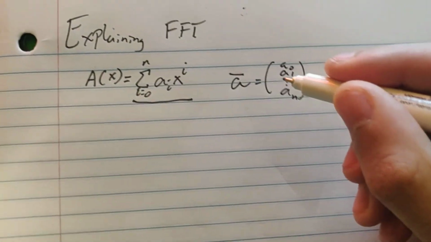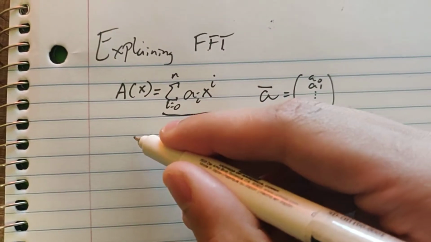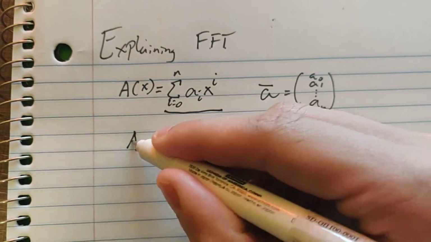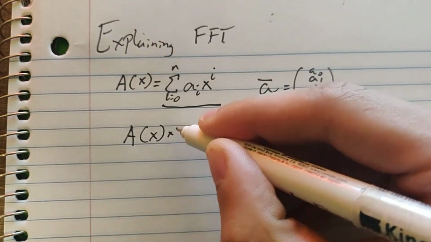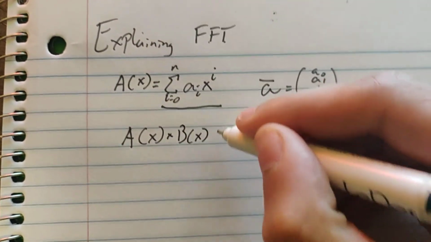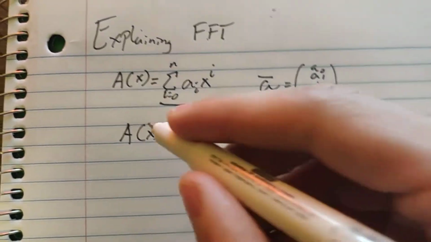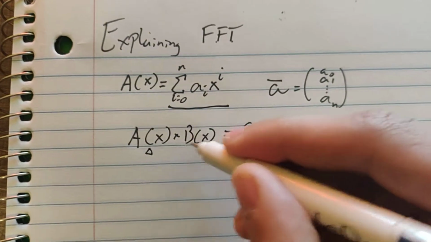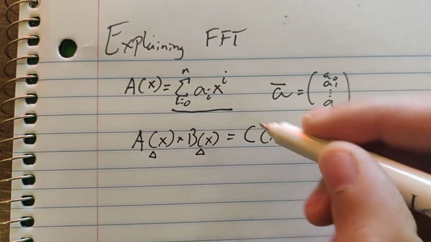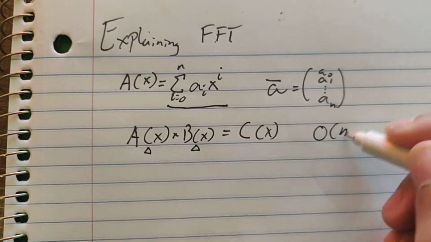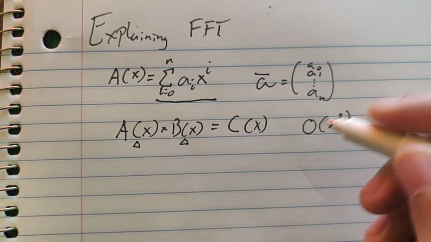Whenever you want to compute the product of two polynomials, like A(x) times B(x), if each of these has on the order of n terms, this is going to take you O(n^2) operations.